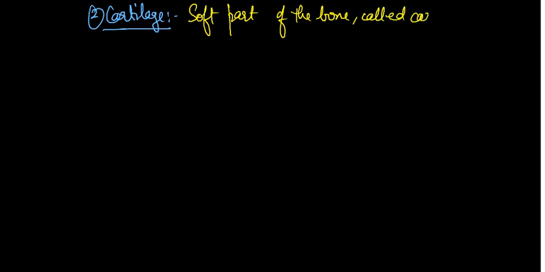Cartilage means the soft part of the bone, called what? Cartilage, just like the ear pinna, earlobe and the rest. Okay, the cartilage part means first we will write that the soft part of the bone is called cartilage.